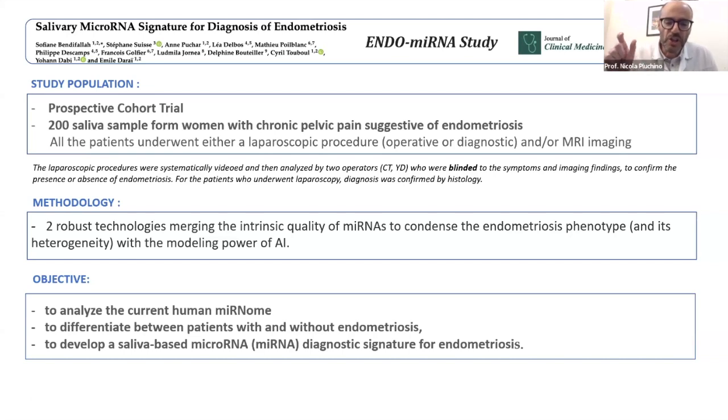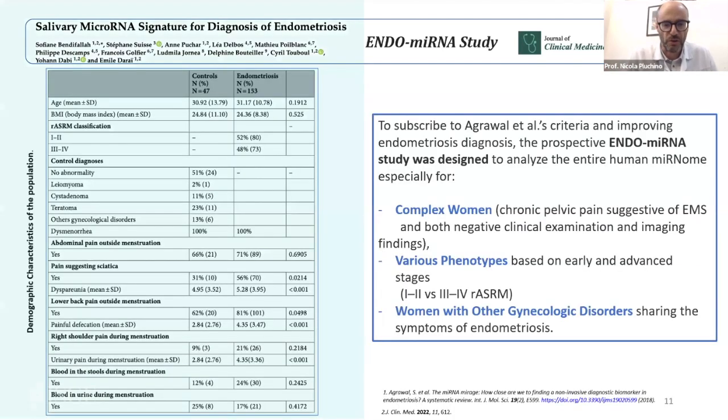As I said, the objective of that study was to analyze the current microRNA expression transcriptome in the saliva, to differentiate patients with and without endometriosis, and to develop a diagnostic signature of endometriosis.